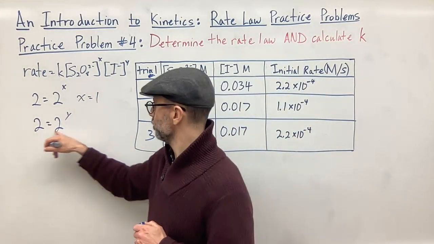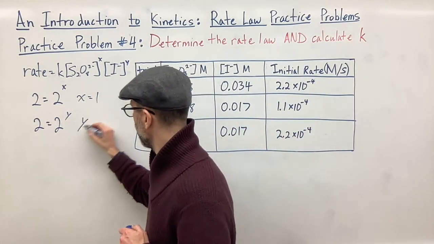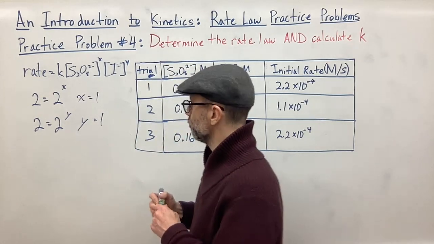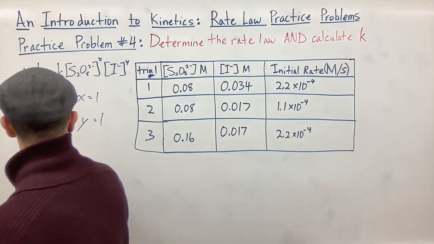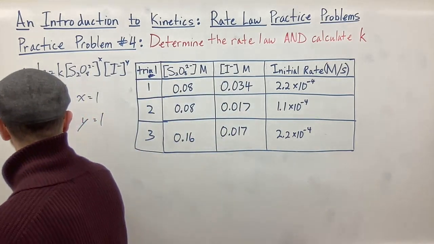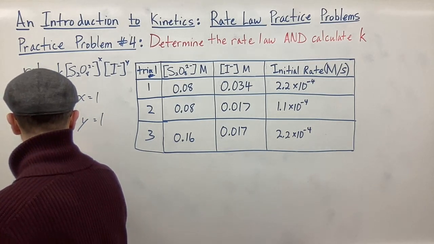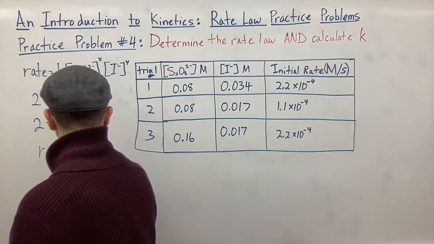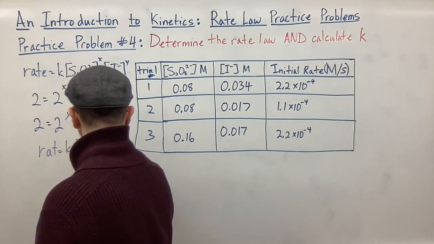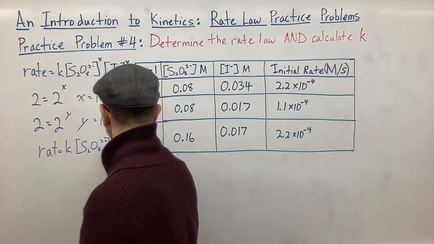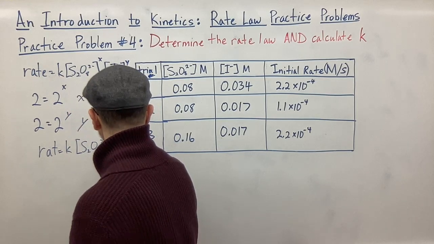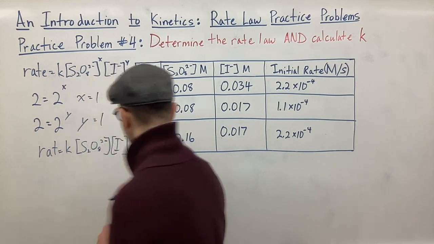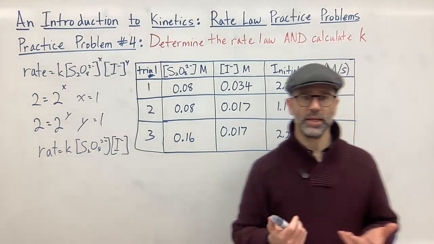And again, we get 2 equals 2 to the Y. So Y is 1. So they're first order with respect to their concentration. So the rate is going to be equal to K times the S2O8 2 minus concentration, multiplied by the I minus concentration. So there's our rate law.